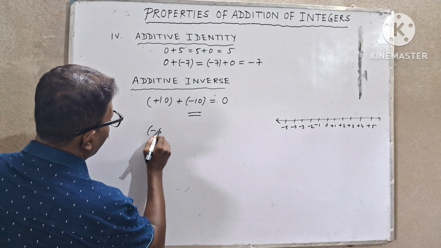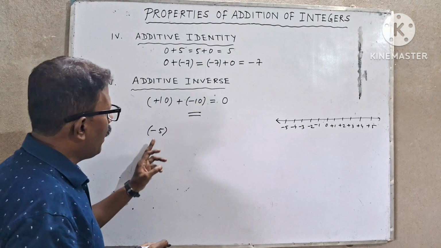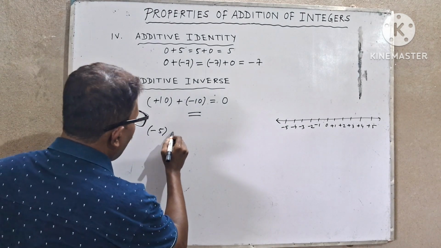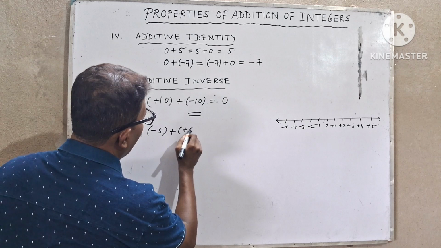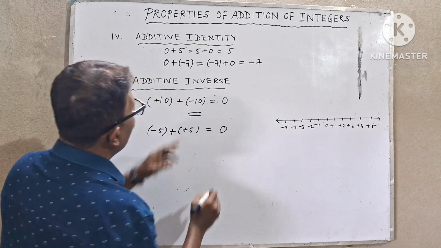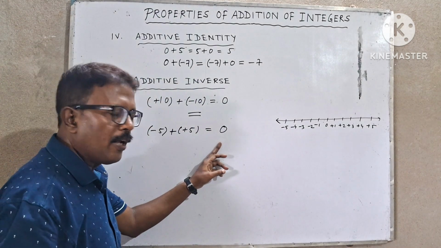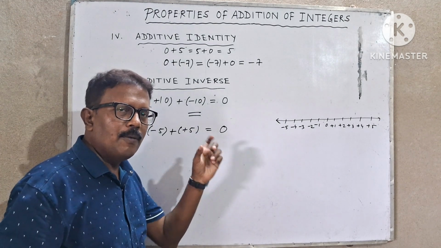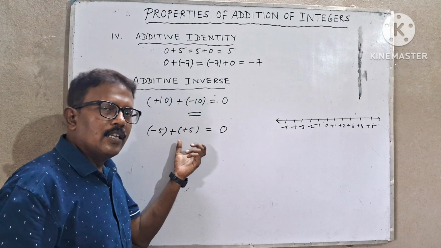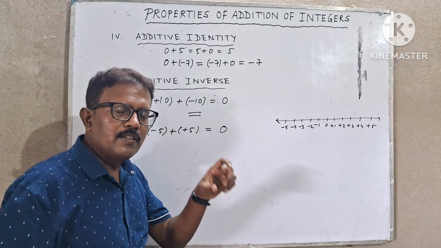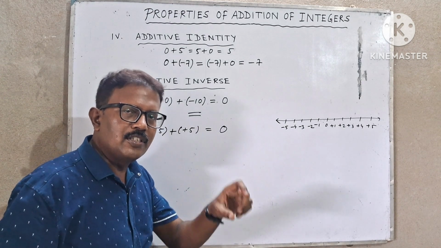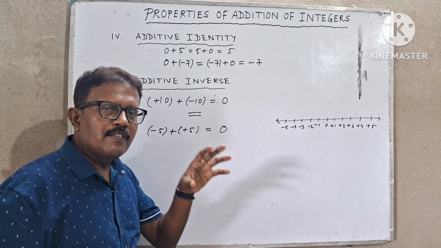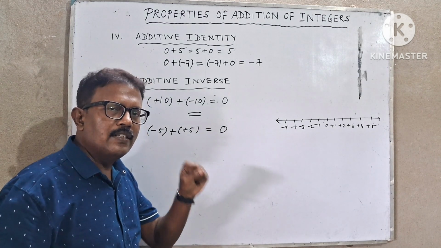Now minus 5 is a number, and what is its additive inverse? Plus 5 is the additive inverse of minus 5, to get the additive identity, that is 0. So when a number is added to the given number and the result is the additive identity, that is 0, then the second number is called the additive inverse.